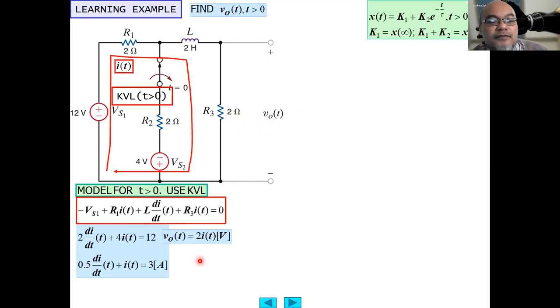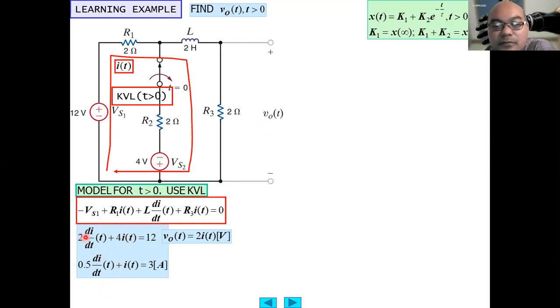Going back to the differential equation, this is not yet the standard form. Remember that the coefficient of the variable we want to find must be 1. So we have to divide this equation by 4, so that the coefficient of i(t) becomes 1.